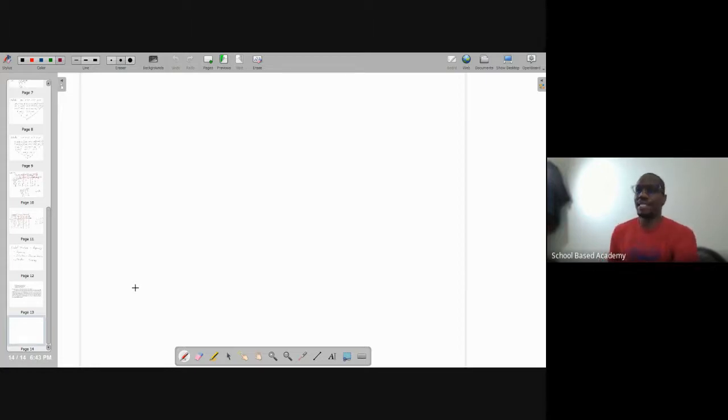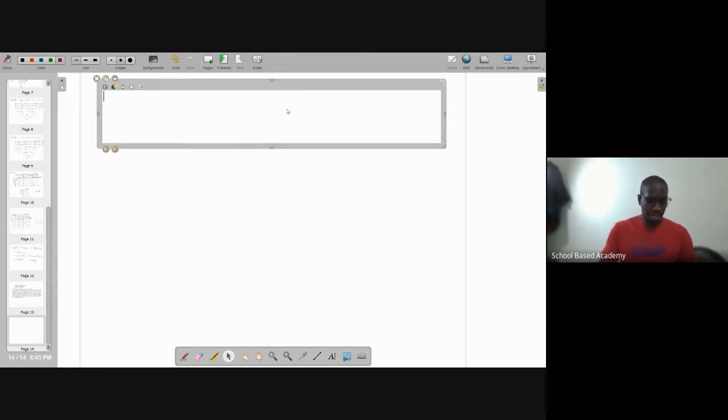So let's say we have a problem where a person wants to work out, or let me put it here: a painter wants to work out how much paint to use to paint a wall.